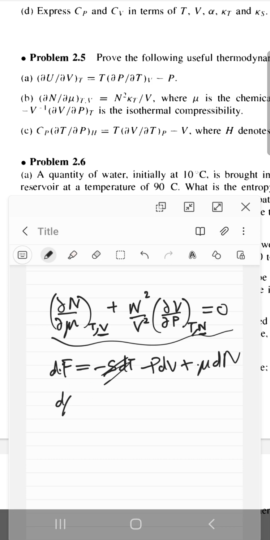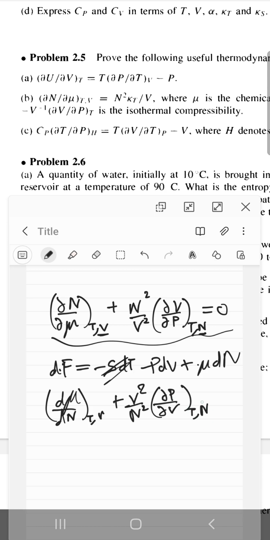We can write it like dmu upon dN at constant temperature and volume plus N squared upon... and then it's like partial P upon partial V at constant temperature and number of atoms is equal to 0, molecules, whatever. Cool. And so now it's very visible that we're just switching V and N, right?